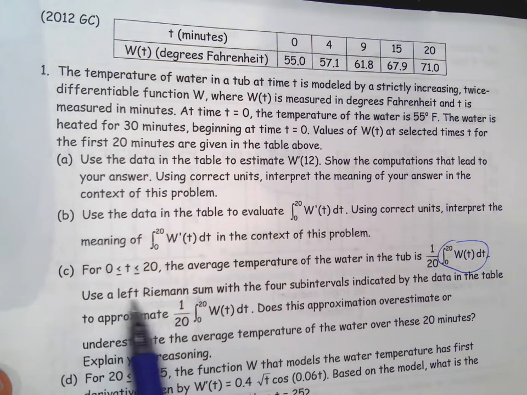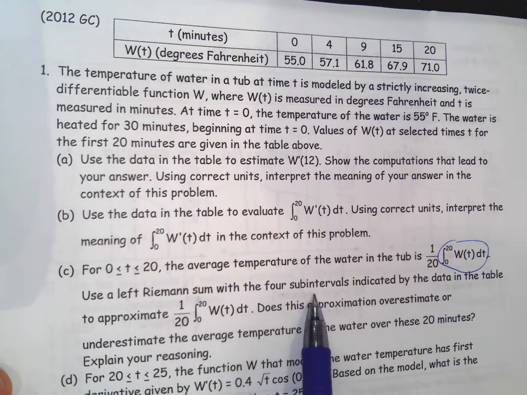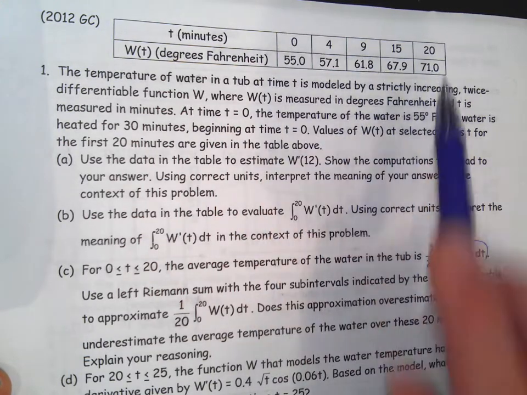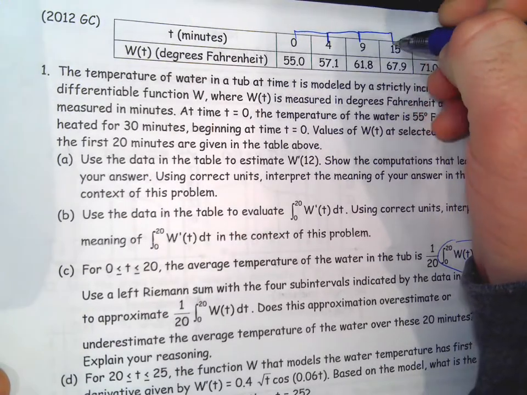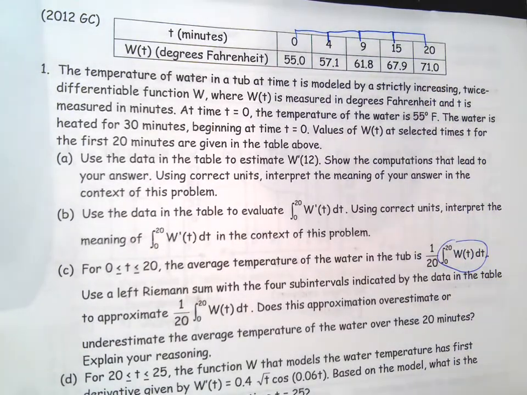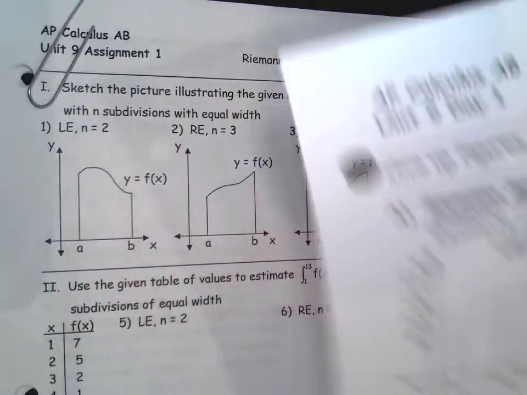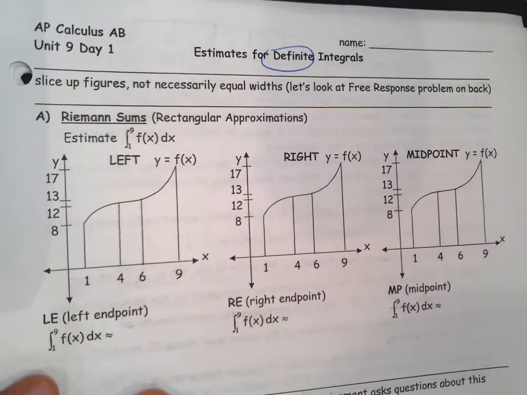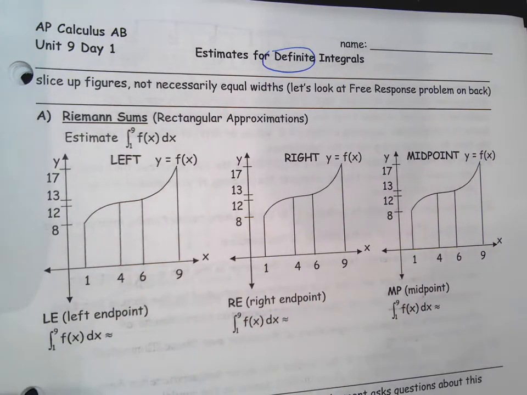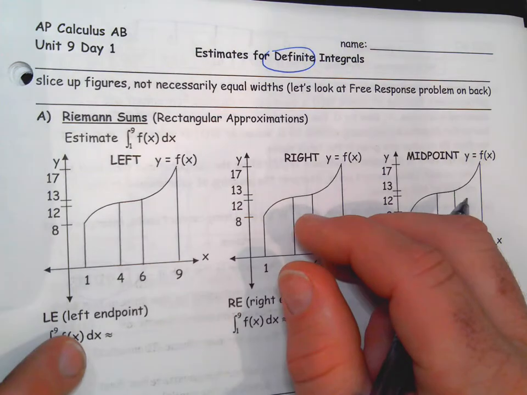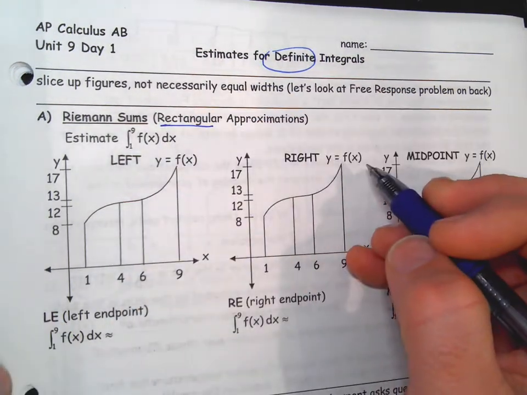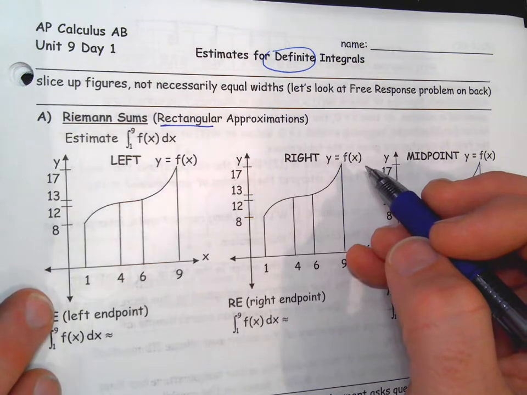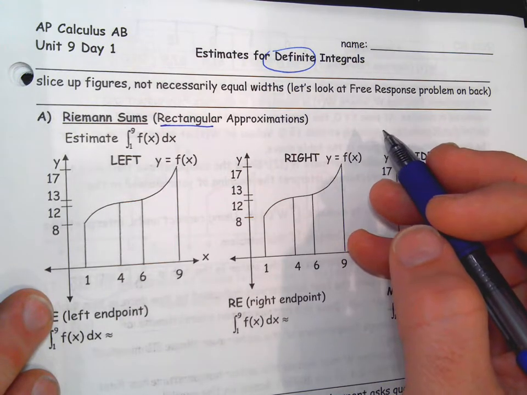We use the left Riemann sum with 4 subintervals based off of what's given here. You can see it's 1, 2, 3, 4 subintervals. Anyways, we'll come back to that later, but let's look at the different ways that we can estimate the area under a curve. These are all going to be rectangular approximations, so we're literally drawing rectangles.